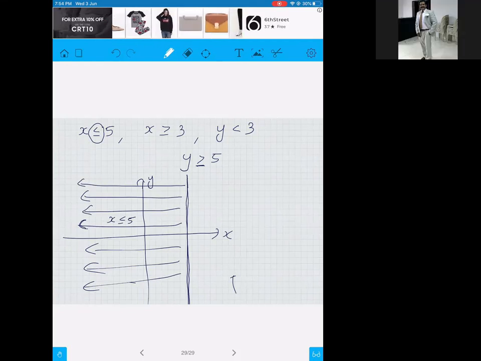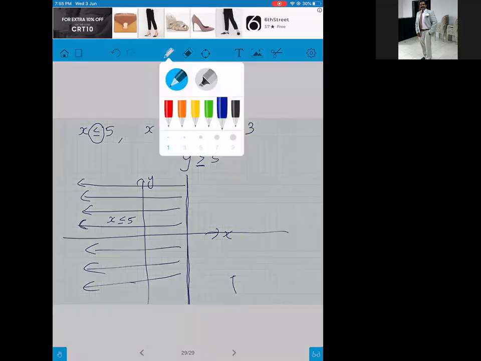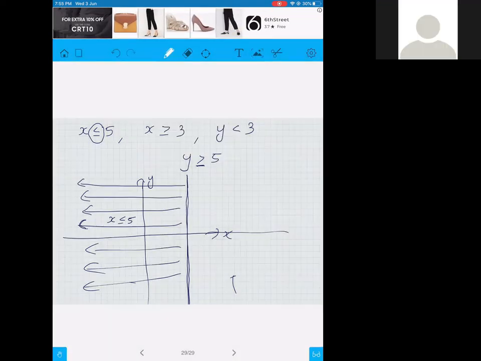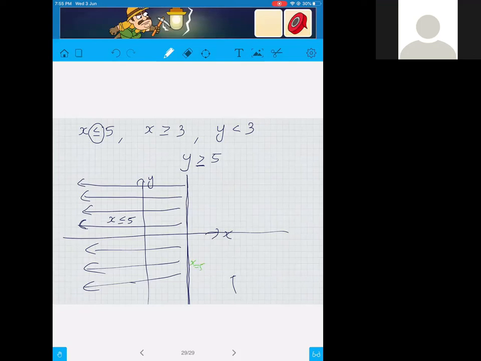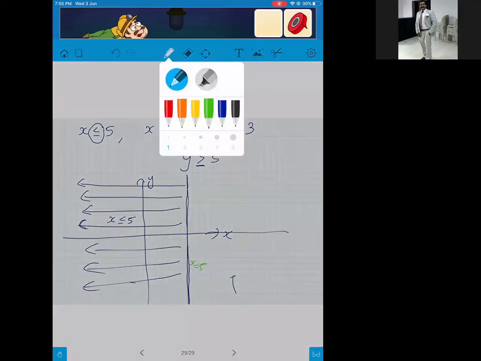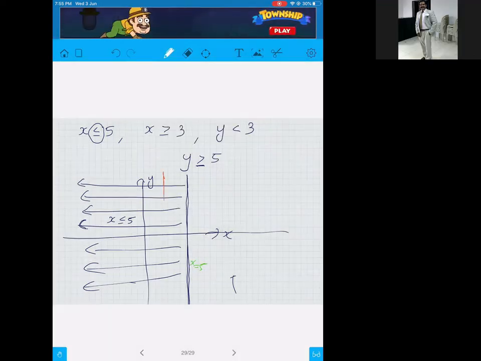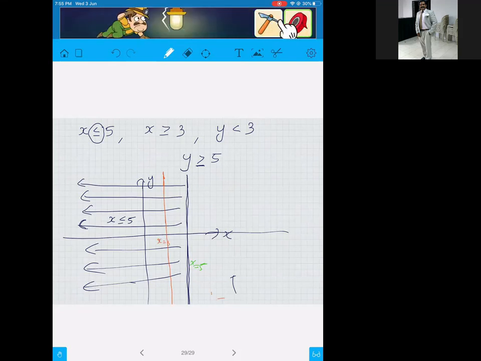And what is x greater than 3? Can you draw it on the same graph itself? So this is x equals 5, and x equals 3 is to the left. x is greater than 3, so that means this region.